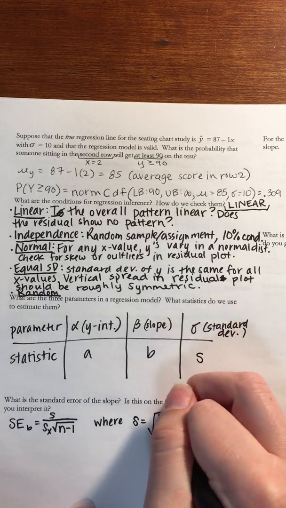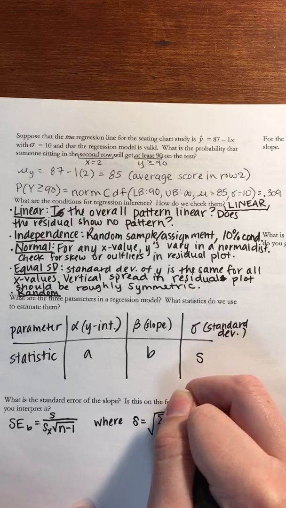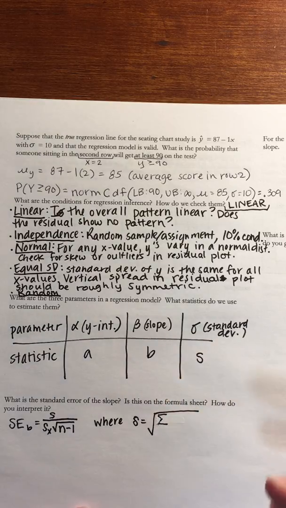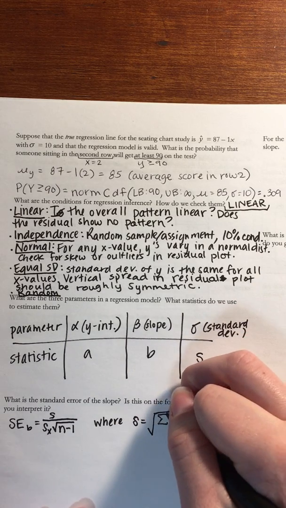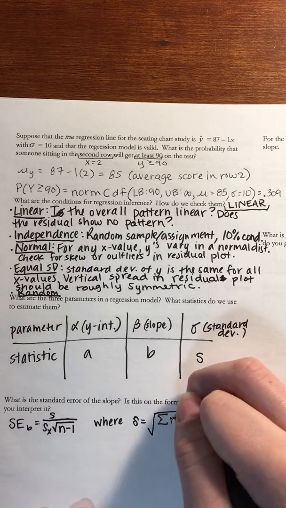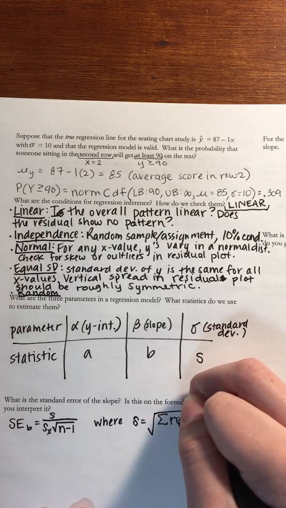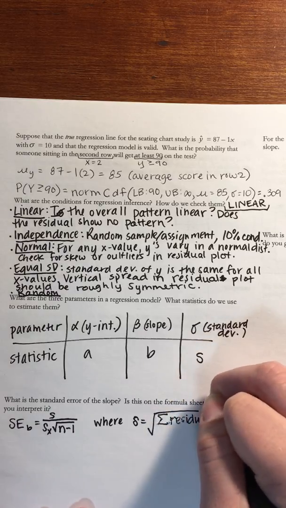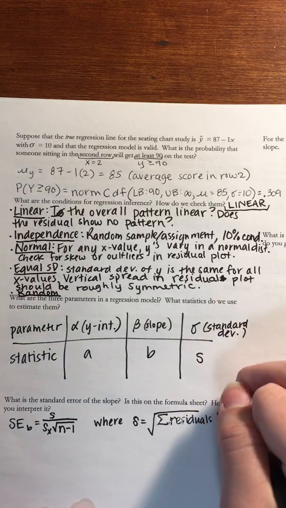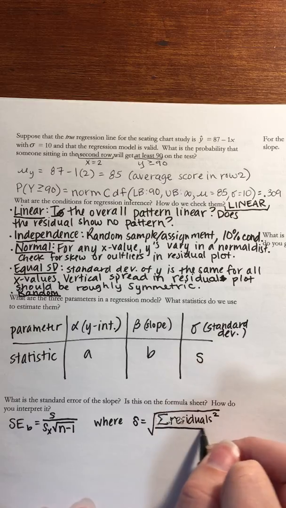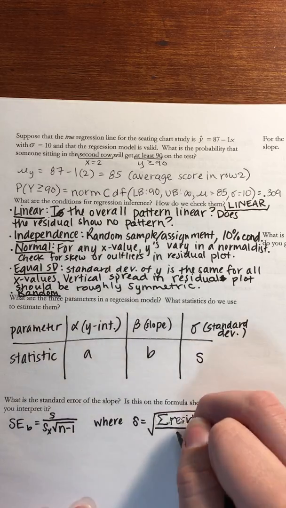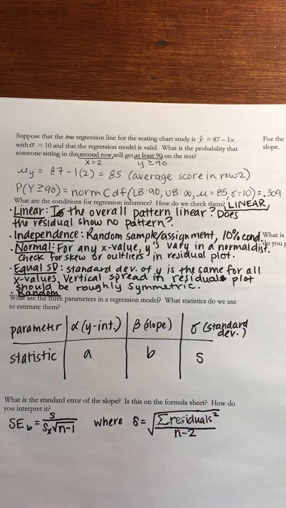So the sum, carrying on our Greek letters, that is a capital sigma, the sum of the residuals squared, over n minus 2.